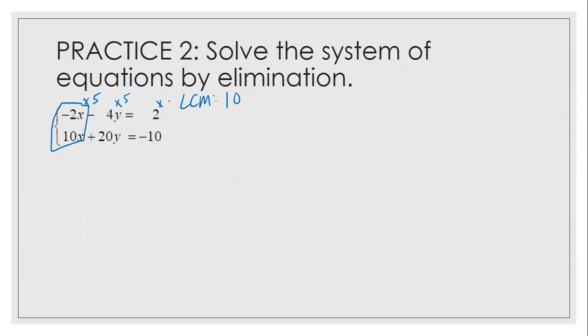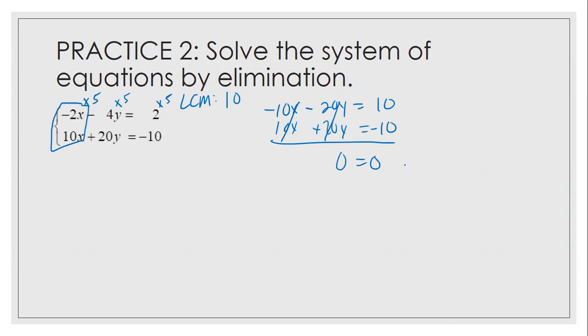So now I'm working with negative 10x minus 20y equals 10. And then I have 10x plus 20y equals negative 10. And what happens here is everything becomes equal to 0.